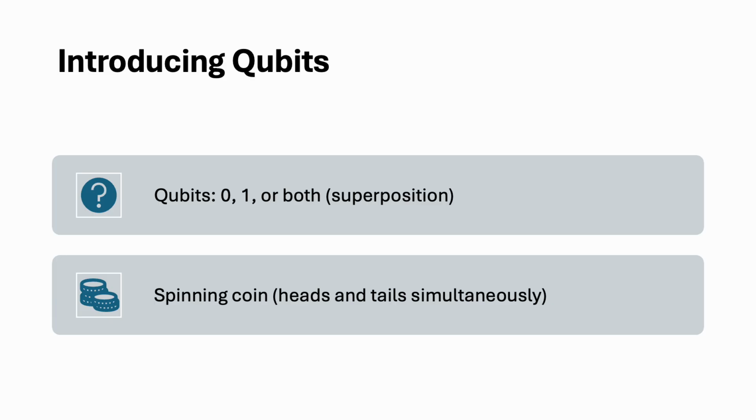Additionally, qubits can be entangled, meaning the state of one qubit is directly connected to the state of another, even if there is a physical separation between them.